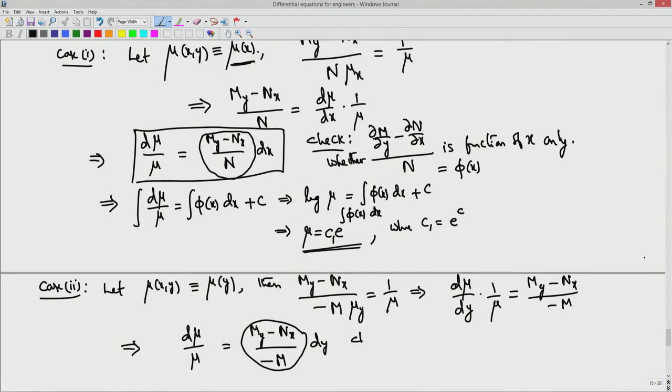Okay. So, what is the check now? We will check whether this function, dou M by dou y minus dou N by dou x divided by minus M, is a function of y alone.